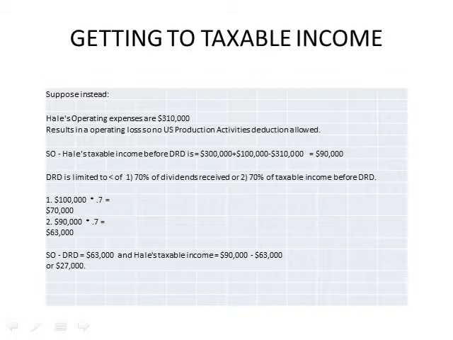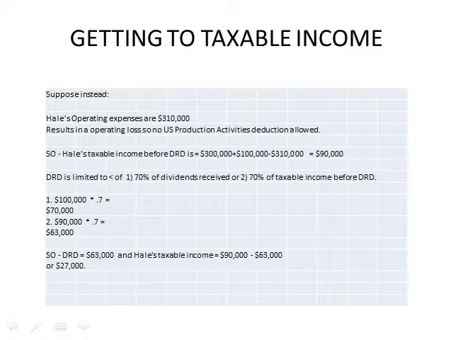Knowing that, Hale's taxable income before the dividends received deduction, same calculation as earlier, is the $300,000 in qualified production income plus the $100,000 in dividends received minus the $310,000 in operating expenses, which gets us to $90,000. Here the dividends received deduction is limited to the lesser of either 70% of the dividends received or 70% of taxable income before the dividends received deduction.